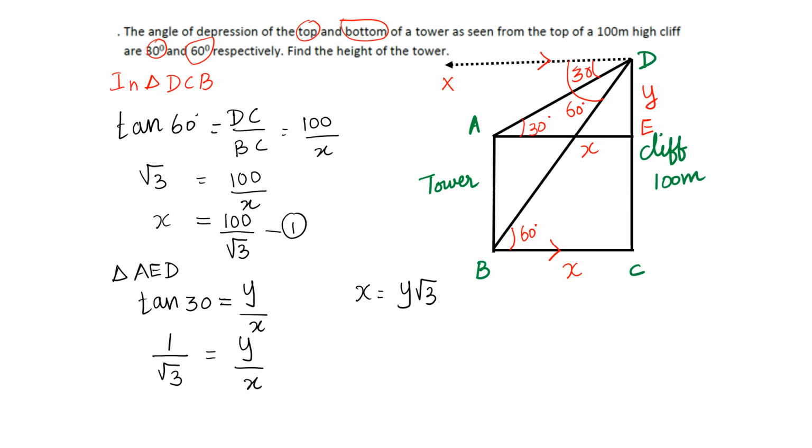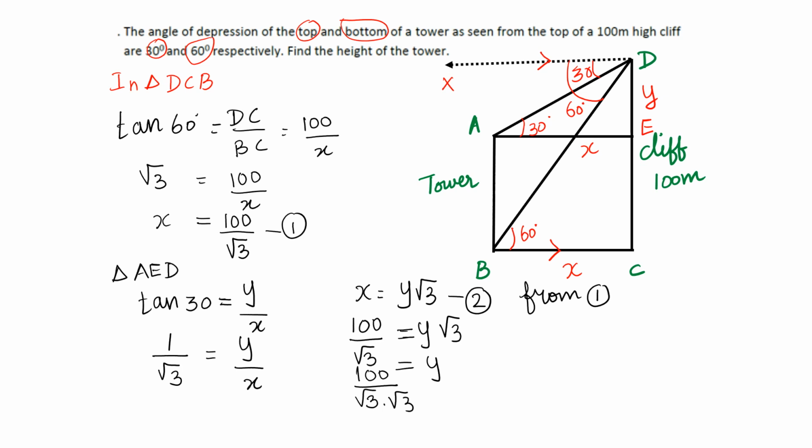Now we have to find out the value of y. We know x equal to 100 by root 3, so we are going to substitute here in x. I'm going to substitute from 1 that x equal to 100 by root 3 here. 100 by root 3 equal to y root 3. So what will y be? Y will be 100 by root 3 into root 3, right?